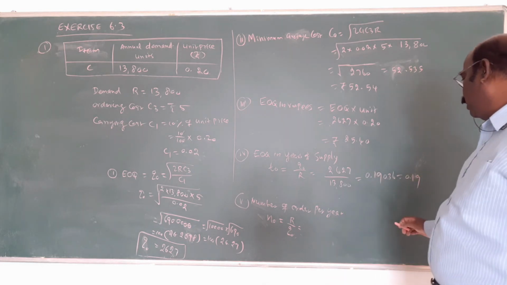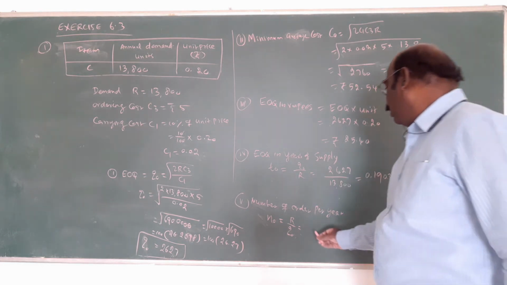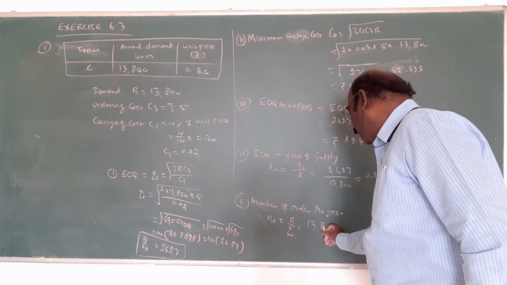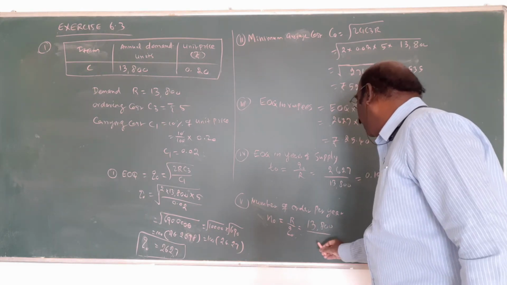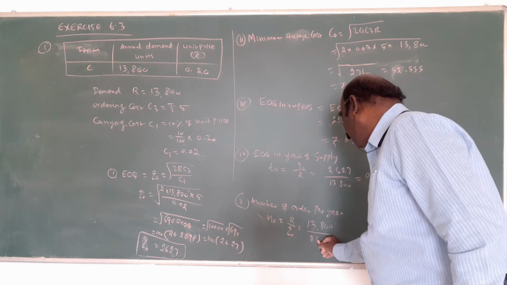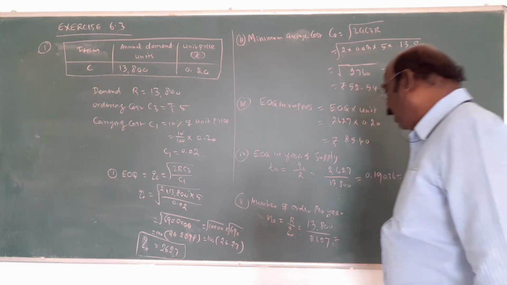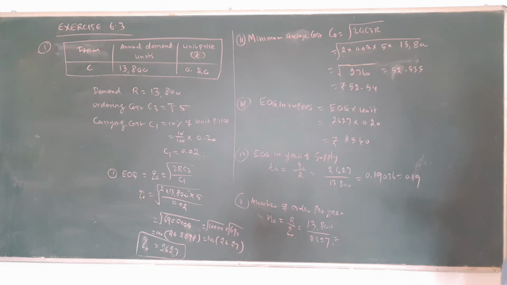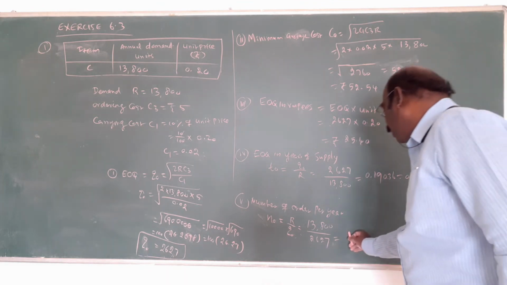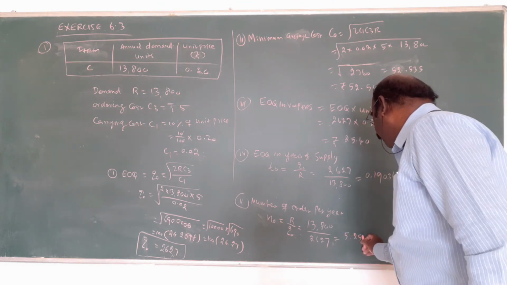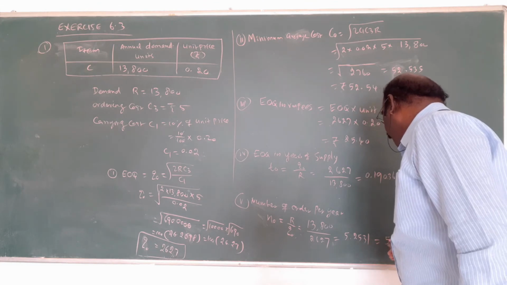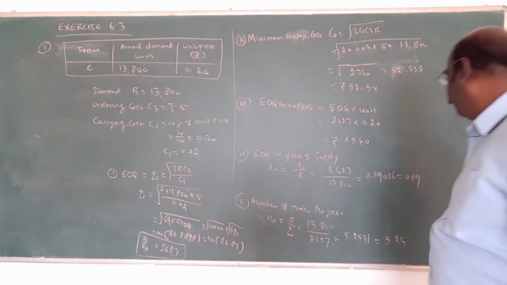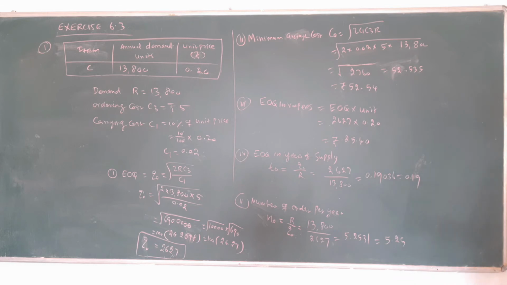Again, 38,800 divided by Q naught, 2627. Now divide, we get the answer 5.2531. This can be 5.253, okay? Keep 2 digits after the point. That is the answer.